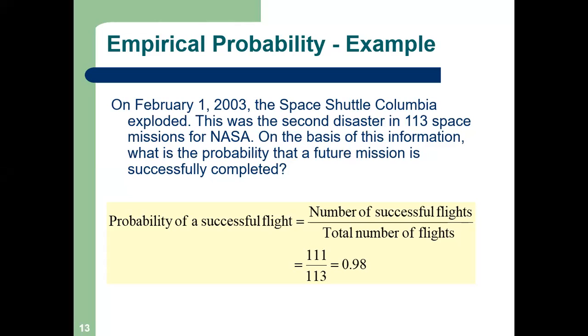Two space missions were exploded. So 2 divided by total number of flights 113 would be 0.02. So we can say that there is only 0.02 probability, or 2% chance, that the new mission will fail.